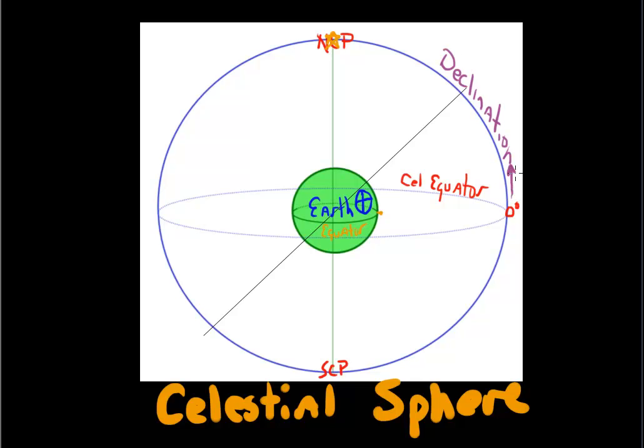And declination moves from the celestial equator up toward the celestial pole, giving you 90 degrees.